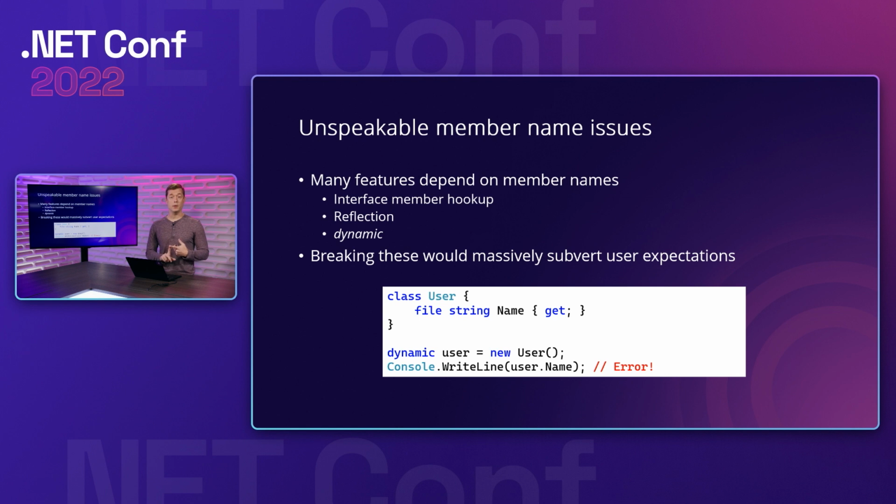If you're doing any form of reflection, like data binding, the developer needs to know the name that they wrote is the name that is in IL. And even C# features like dynamic depend on the names matching. And so while this would work, and we could implement a coherent feature here, it would massively subvert user expectations and break other scenarios. And we decided that that was not a good path for us to go down.